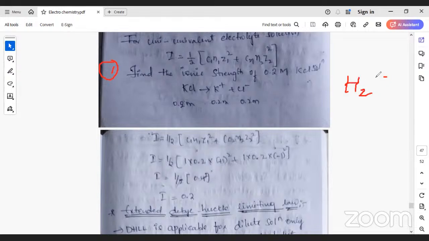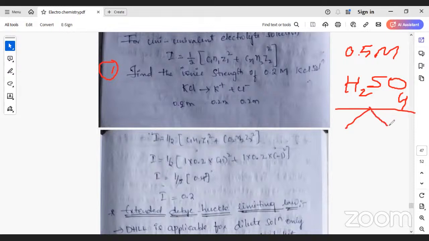How will H2SO4 dissociate? Then you have to find out the ionic strength of 0.5 molar H2SO4. So you have to do it and explain.